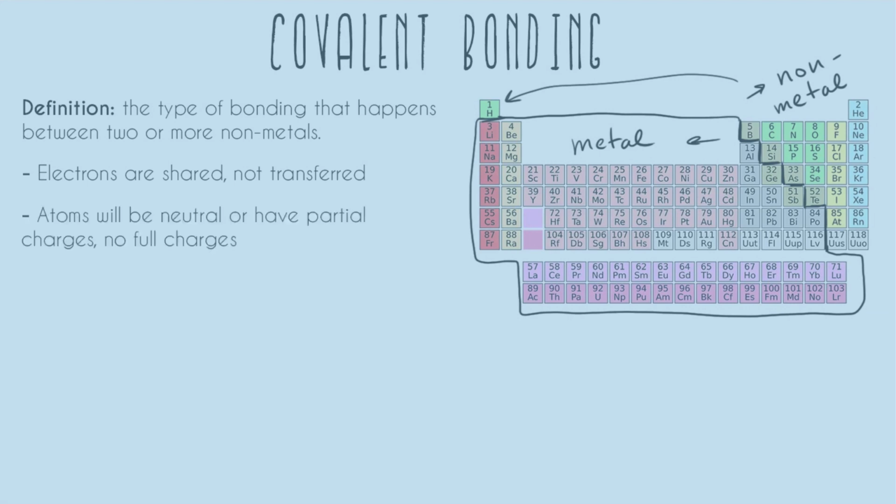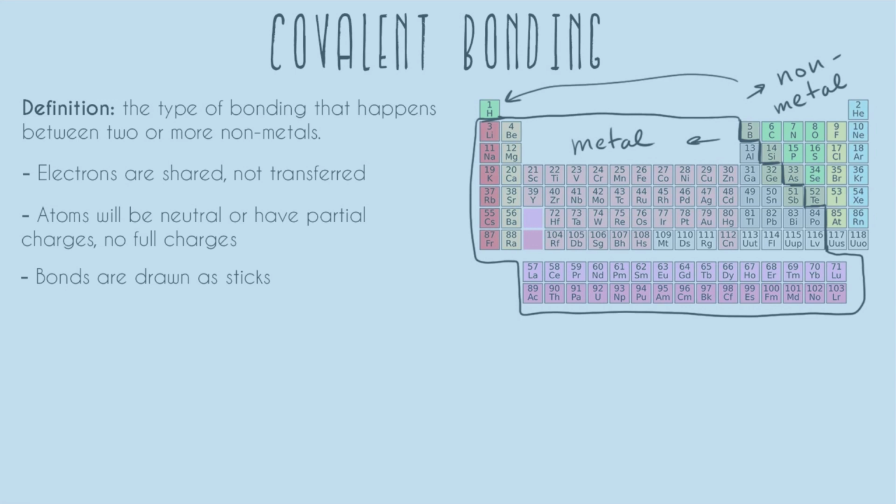Next, atoms will be neutral or have partial charges sometimes, but never any full charges. Again, contrasted with ionic bonding. So when you're drawing out covalent molecules, you don't have to worry about putting a +1 or -1 or anything like that on top of them. They're going to be neutral, and once in a while you'll do a practice problem where your teacher's going to ask you to show a partial charge, but that's not on most of them.